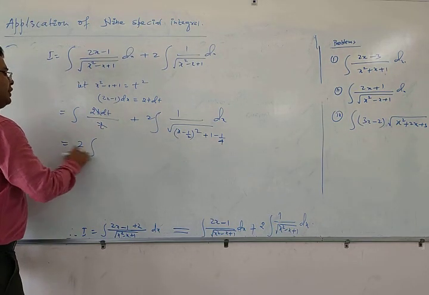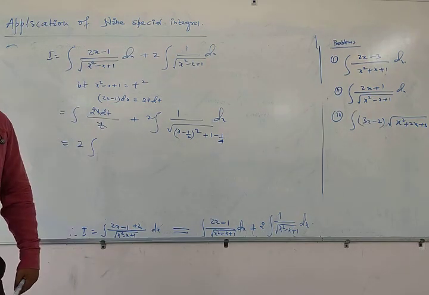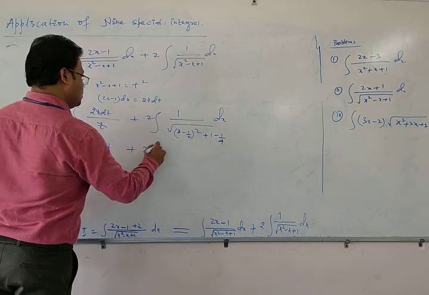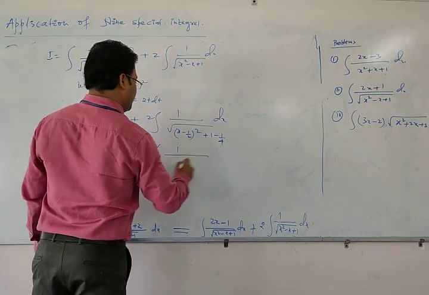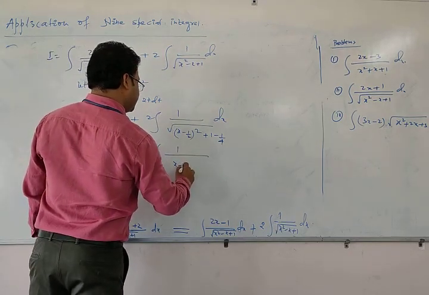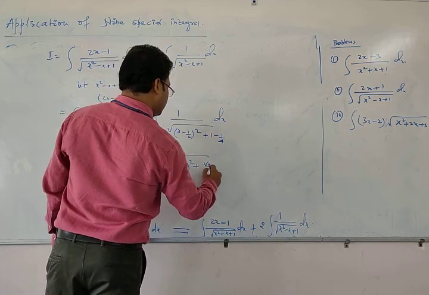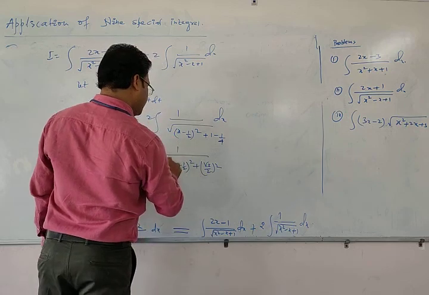Here 2 is the constant term, so you can take it out of the sign of integration. Simply write dt plus 2. Here on simplifying you will get the square root of (x minus half) whole square plus (root 3 by 2) whole square.